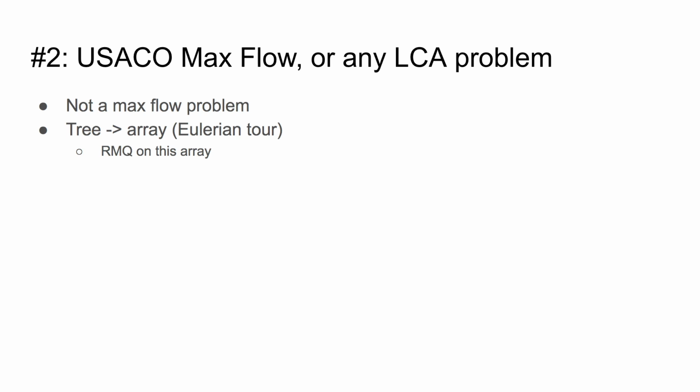What that adds up to is that the LCA is going to be the range minimum query on a height array between the 2 nodes. So to find the lowest common ancestor between 2 nodes, you can do an Euler tour, make an array of the heights of the Euler tour, do the range minimum query, and then the index you get you can correspond to a node, and then you answer the problem.